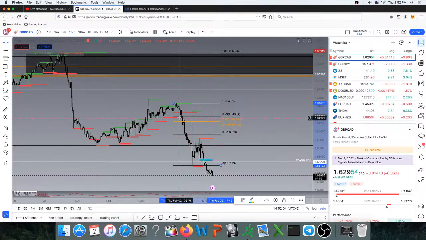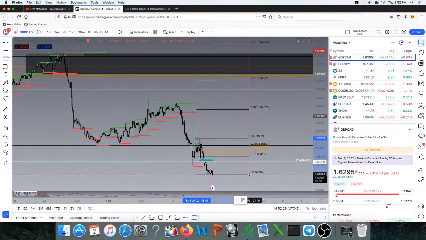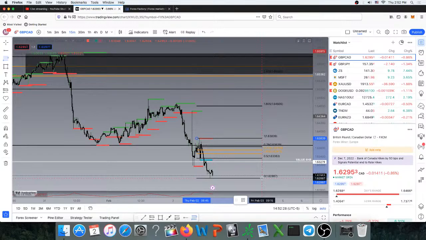Once you broke structure, you came back to the 79% IOC and rejected. Alright, so technically we just broke it again, broke this low, supply zone, and we should be expecting the same exact thing until we get down to those levels.